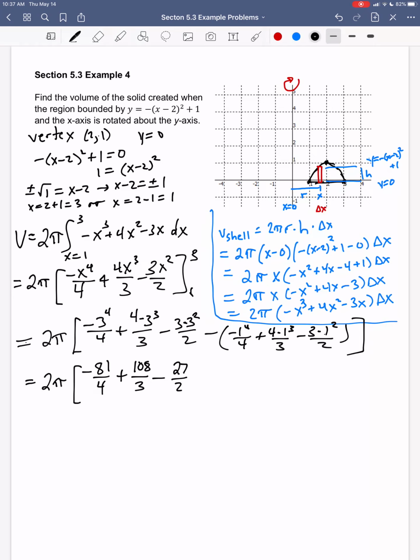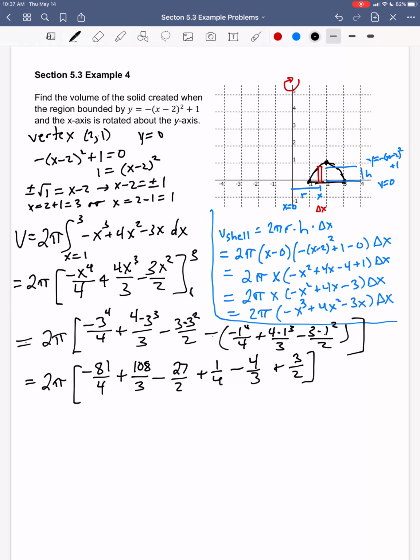It's not negative 1 in parentheses. It's 1 to the fourth with a negative in front. So that's going to be negative 1/4, but then there's the minus that gets distributed. So that's going to be plus 1/4. Here I'm going to get plus 4/3, but the minus out there then makes it minus 4/3. Here I'm going to get minus 3/2, but the minus outside makes it plus 3/2. All right.